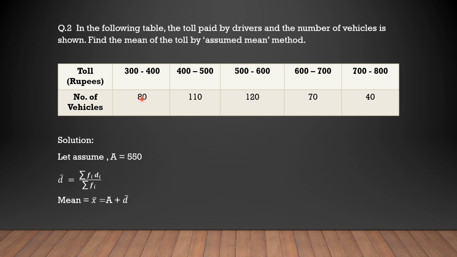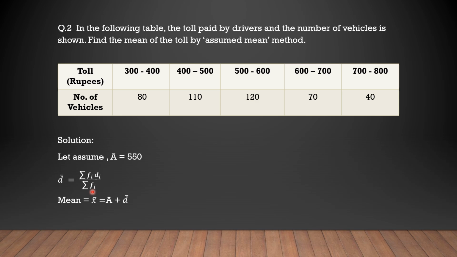ही इन्फॉर्मेशन दिलेली आहे आणि आपल्याला फाइंड करायचं आहे मीन using assume mean method. So we find the mean using assume mean method. So first in the assume mean method we have to assume A. So the formula to calculate mean is x bar is equal to A plus d bar, and the value of d bar is equal to summation of fi into di by summation of fi.